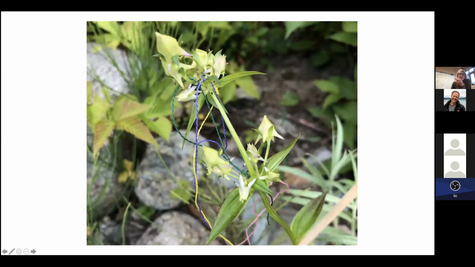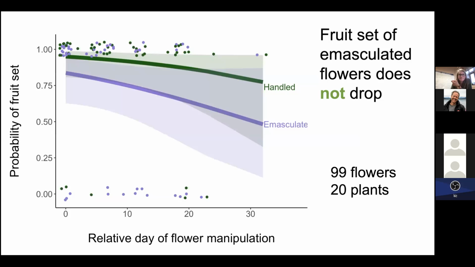To do this, Sarah repeatedly manipulated pairs of flowers on Halenia plants using embroidery floss to keep track of which flower had which manipulation. On some flowers, she removed the anthers so that they could not self-fertilize. On other flowers, she poked forceps around in them, but didn't actually remove the anthers, so self-fertilization was still an option. That was called the handle treatment.